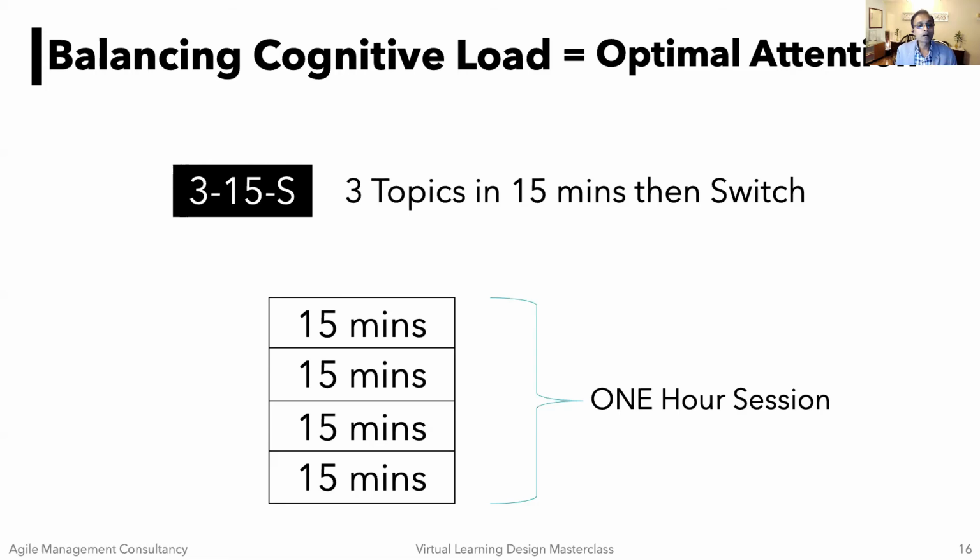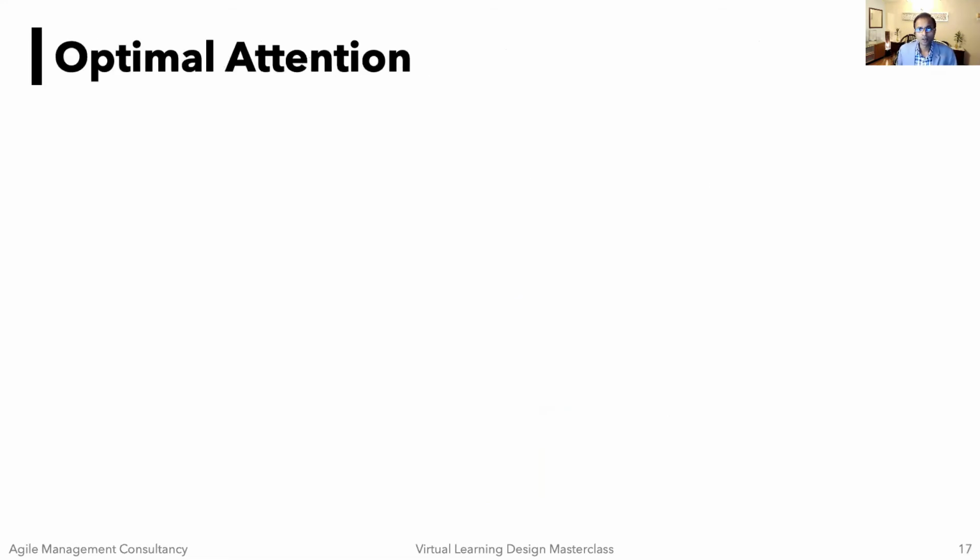Split it into 4 parts of 15 minutes each. I'll talk to you about the merits, why we're doing it. So you now don't look at a 1-hour lesson as 1 hour, but you look at it in 4 minuscule 15-minute chunks or intervals. So what exactly happens in optimal attention?